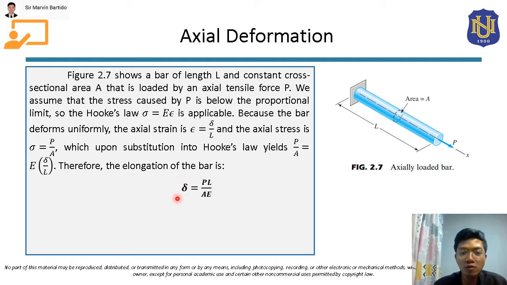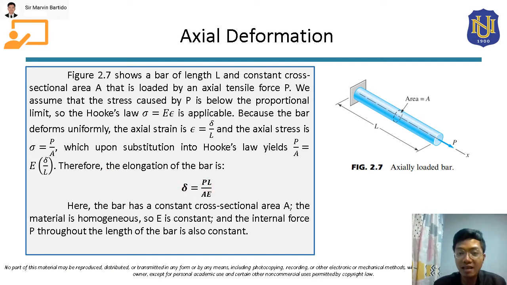In order for us to be able to use this formula to solve for elongation, P here should be constant. Meaning, for this bar, the value of the internal normal force should be constant all throughout this length L, since this is the L that we are going to use also in the formula.